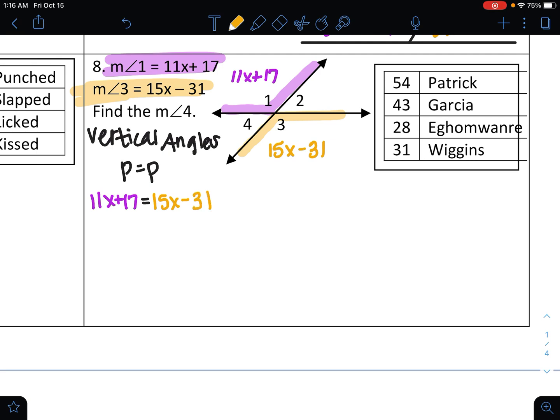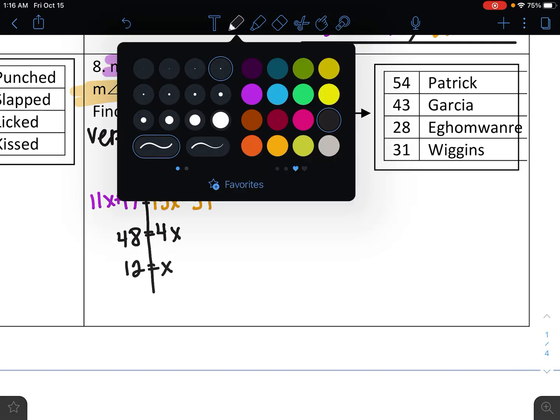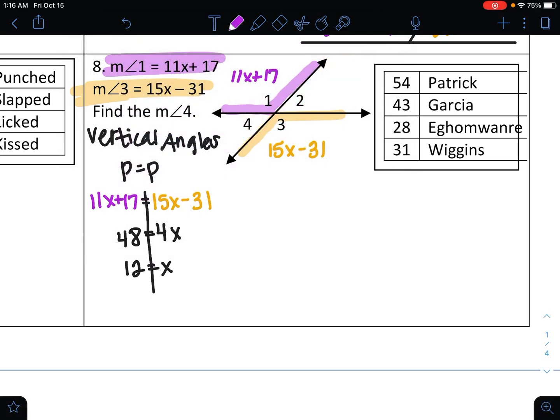Okay, so now we're just going to solve for x as per usual. You can use and solve if you want to. Okay, so we get x equals 12. All right, let's plug it back in. Okay, so that's 130, 117.